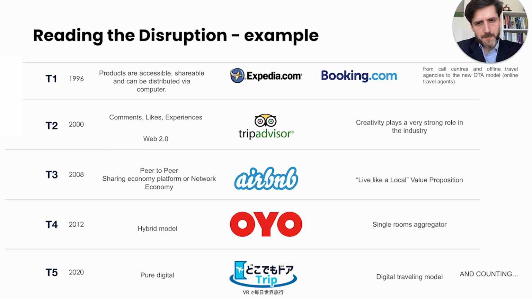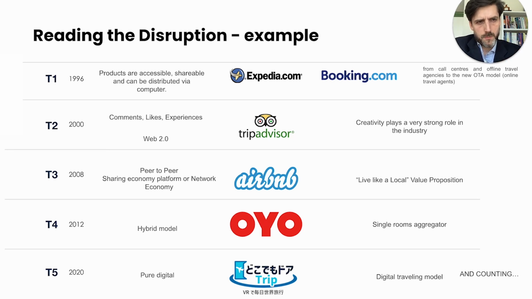Then it is the time of the sharing economy in a peer-to-peer logic like the Airbnb story. Then we get into the case of new models like the hybrid model of Oyo, in which only some hotel rooms are really related to a different brand and in a sharing logic with a community that leverages these dynamics.